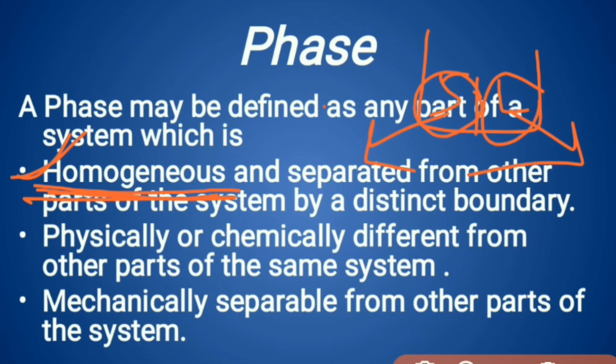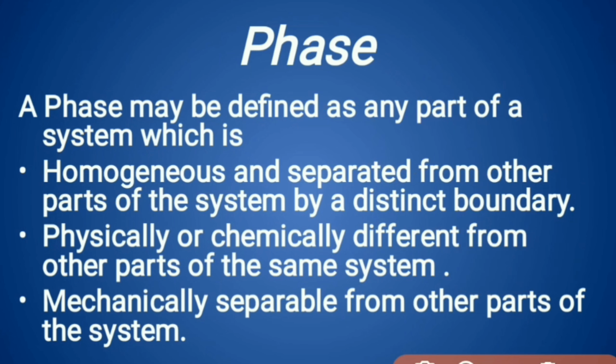This is the same system, and there are two phases, solid and liquid, in the same system, and their physical and chemical properties may be different. Both occur in equilibrium there, but they can be different physically and chemically, and they are mechanically separable from other parts of the system. And that is all about the phase.